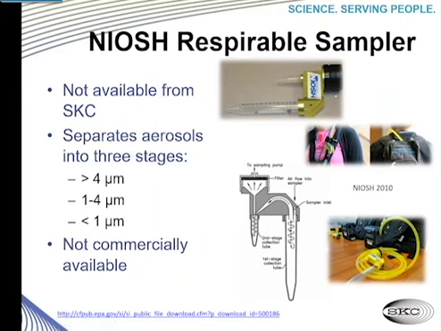NIOSH used the SKC biosampler, excuse me, as a comparison. In the published paper, they said that their sampler surpasses the reported viable recovery rates of most commercial samplers except the SKC biosampler. The NIOSH sampler seems to be lightweight and easier to handle, but it's not commercially available at this time. This sampler has been used mainly for research.